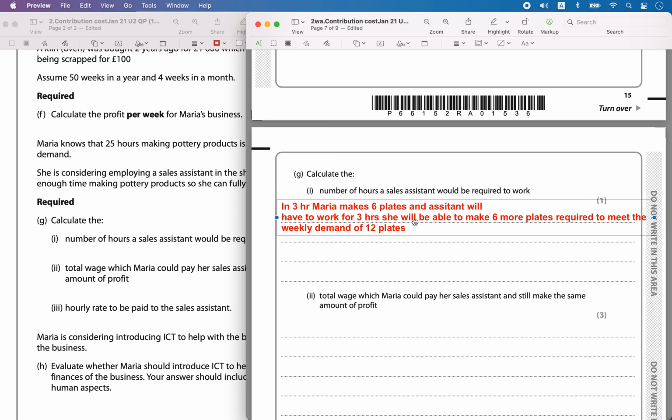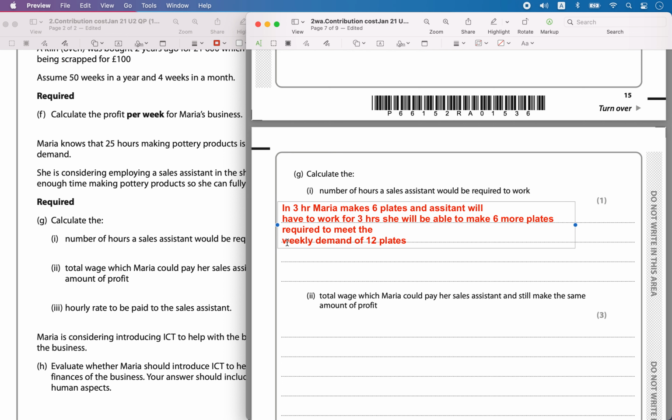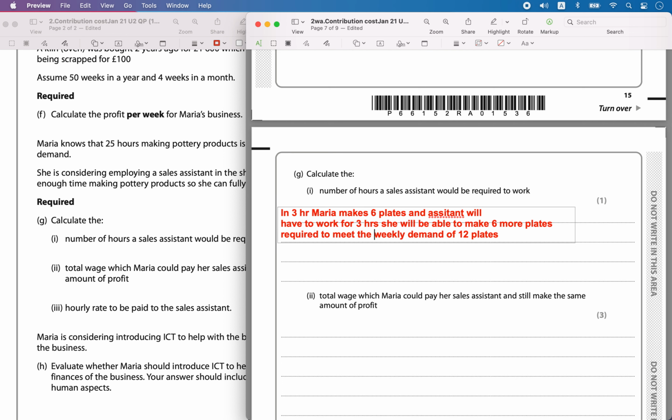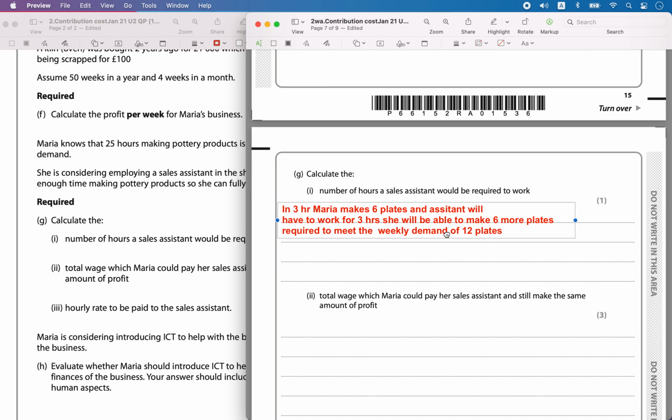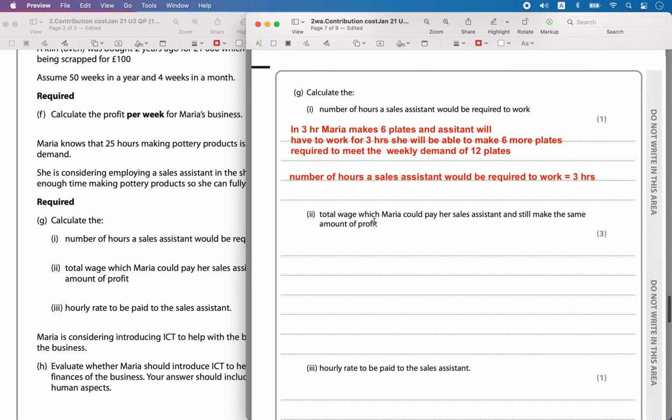Okay, if her assistant works for 3 more hours, she will be able to make 6 plates more and meet the weekly demand of 12 plates. So the number of hours the sales assistant is required to work is going to be equal to 3 hours. If she works for 3 hours, it is enough, and they will be able to complete another 6 plates.